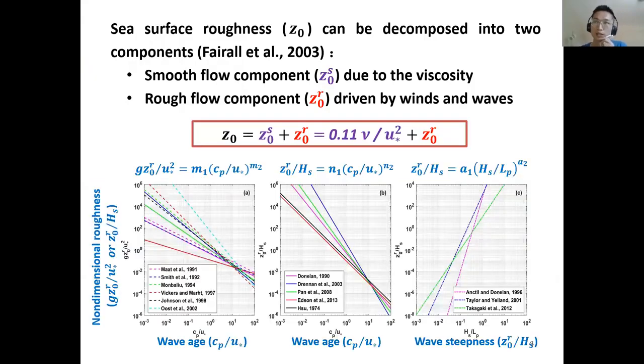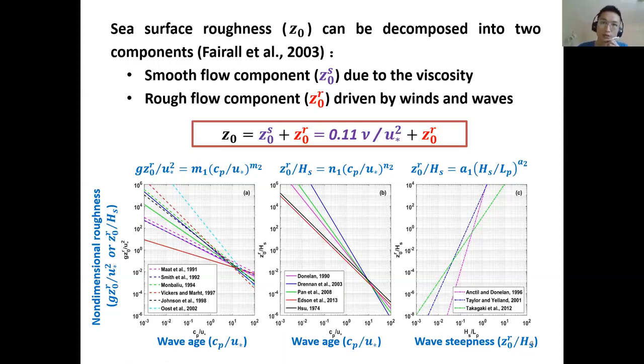Here, the wave effect on the drag coefficient can be included by taking the non-dimensional roughness. You can see here several different kinds of non-dimensional roughness. It can be considered as a function of wave age or wave steepness.